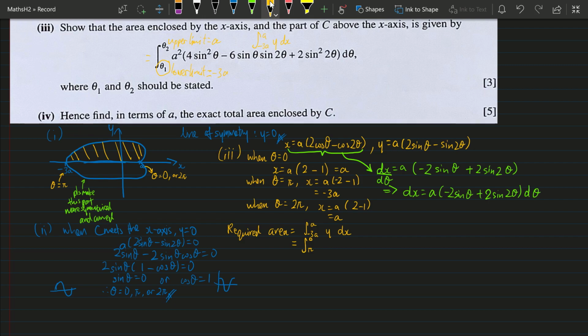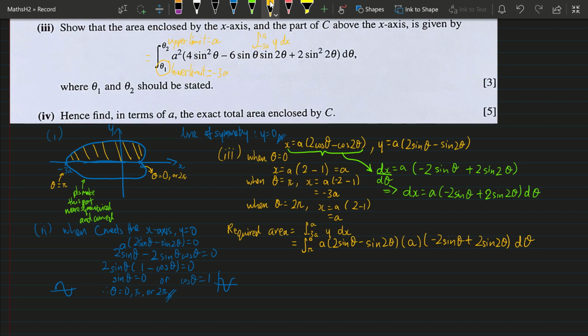Okay, then now this y is a multiplied by 2 sine theta minus sine 2 theta, multiplied by dx. dx is a negative 2 sine theta plus 2 sine 2 theta close bracket d theta.